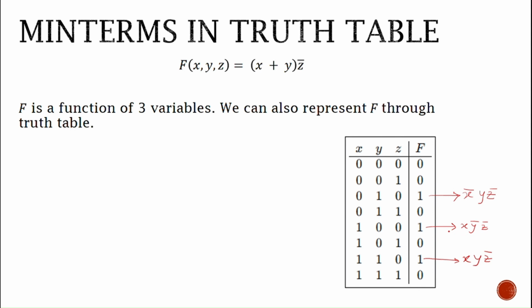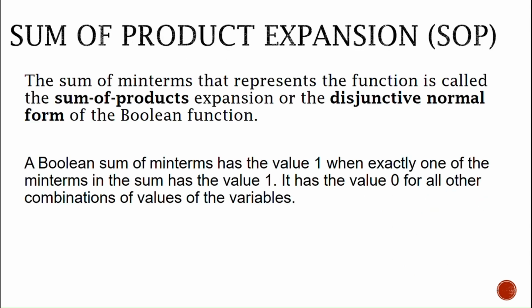So this function can be represented with the help of these three minterms, and these three minterms are enough to describe the function. And why is this called a minterm? Again, as I say, the function is a three variable function, and this is a product term of the three literals. Therefore, this is called a minterm.